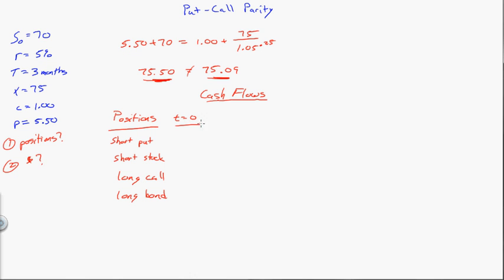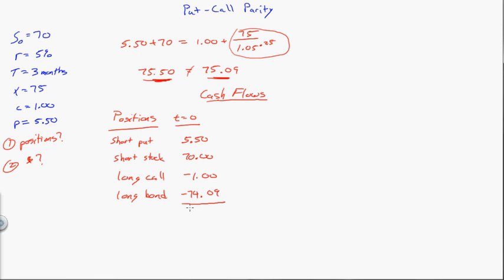At time equals 0, if I short the put, I get $5.50. If I short the stock, I get $70. Long the call, that costs me $1. Long the bond, buying the bond costs me $74.09, which is this calculation right here, if I wrote it down right.